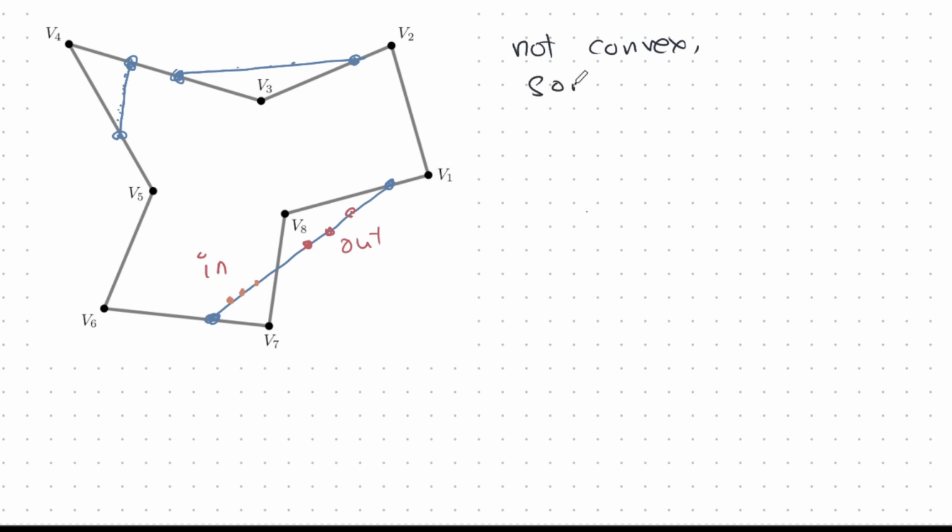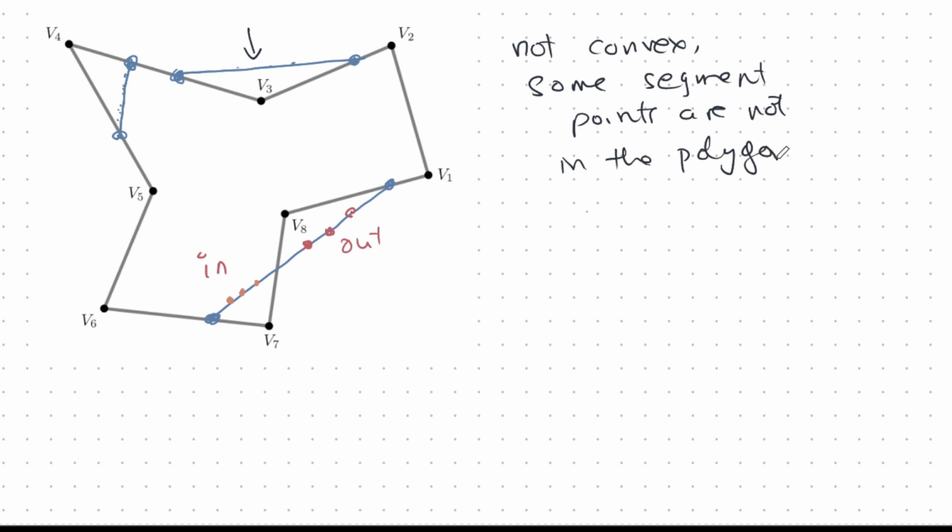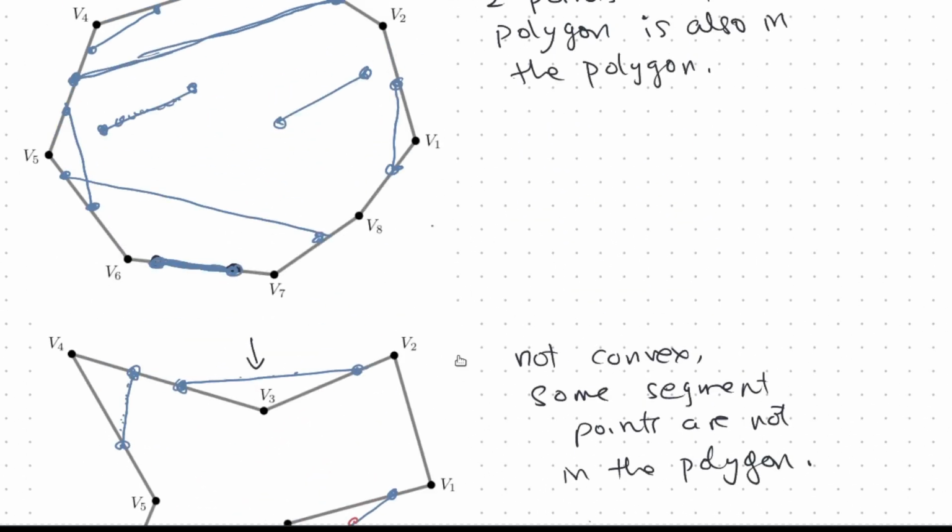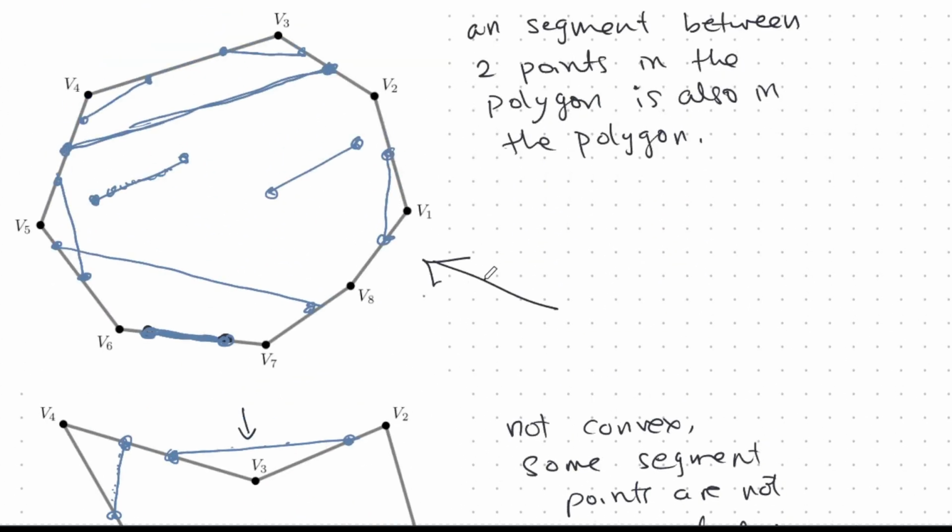Some segment points, or most of them, like in this case, almost all of them except the endpoints, are outside. Some segment points are not in the polygon. They cross over to the outside, and so it's not a convex object. Now, convex objects like this are extremely important in mathematics. They have some profound mathematical properties.